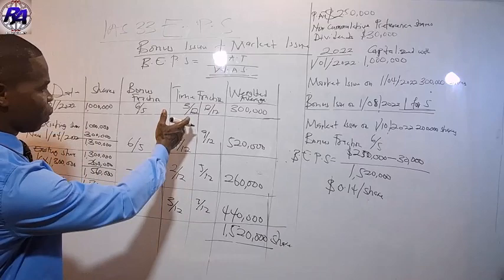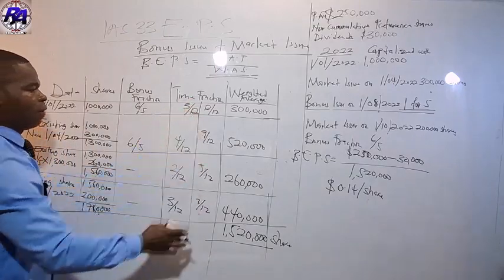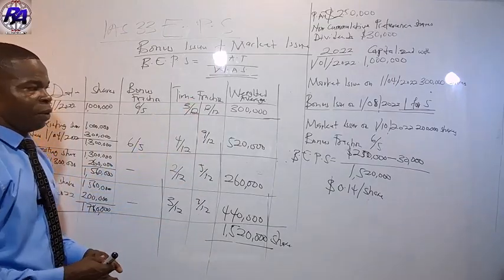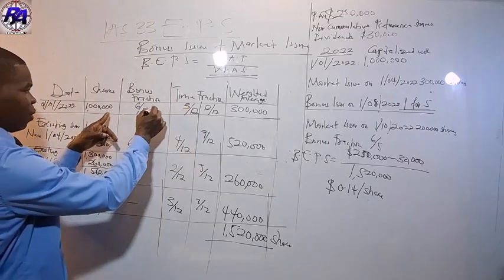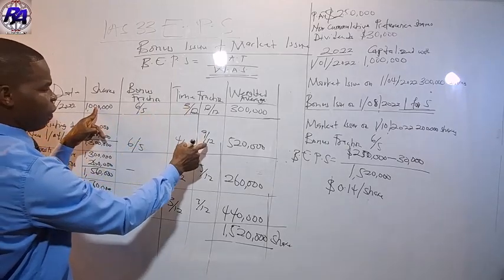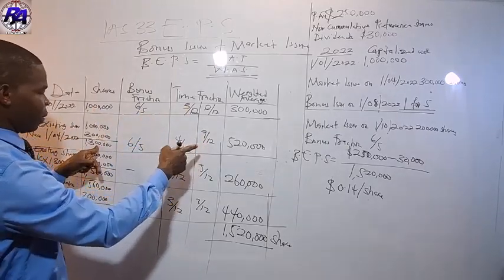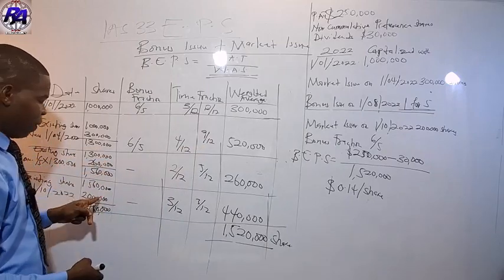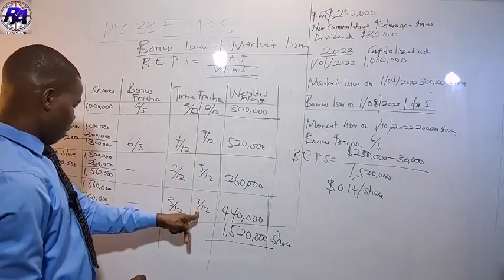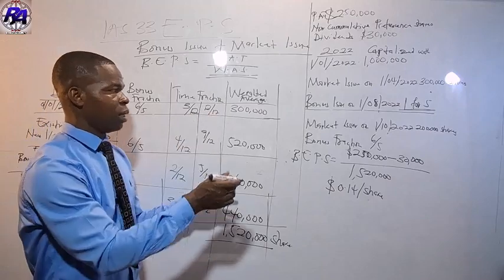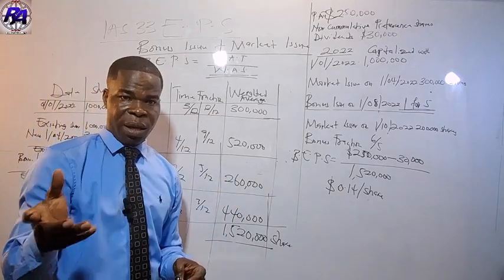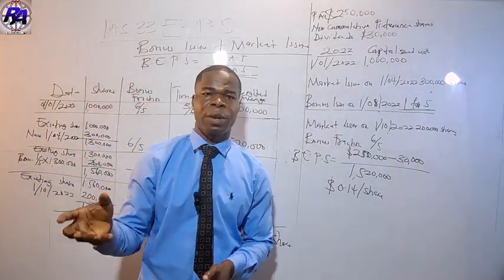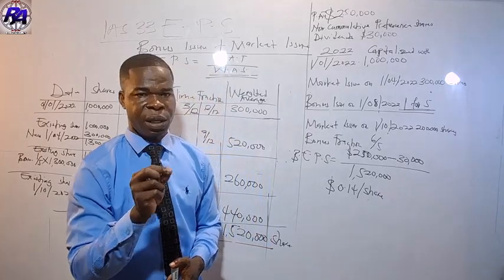So you can also go by the cumulative approach to make things better for yourself. So with this one we'd have multiplied by the 100,000, this by the 300,000, this by the 260,000, and this by the 200,000. So this is the way to determine your basic earnings per share when there is a bonus issue and a market issue.